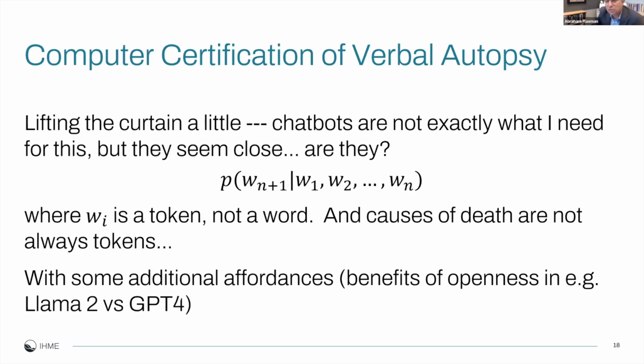But then there are some additional affordances, just like how we take the prompt that I've given ChatGPT and then wrap that in some additional prompting to make the AI give a reasonable response. And now that there are some more open language models available, like Llama 2, we can start to see what might be happening beyond the reinforcement learning from human feedback stuff, which is at least referred to openly, if not fully documented.